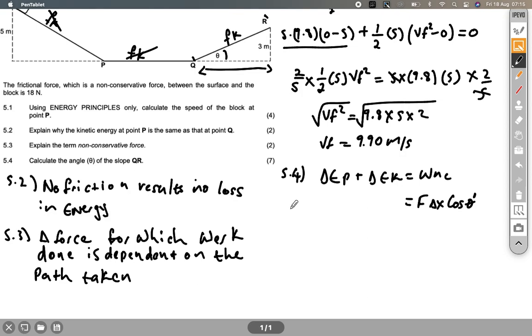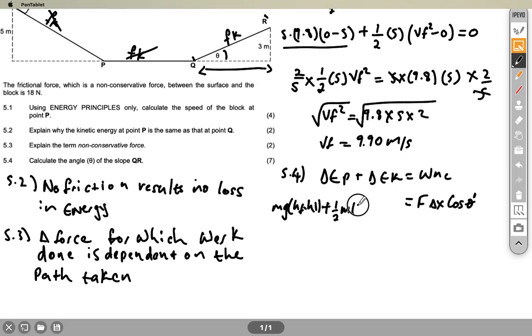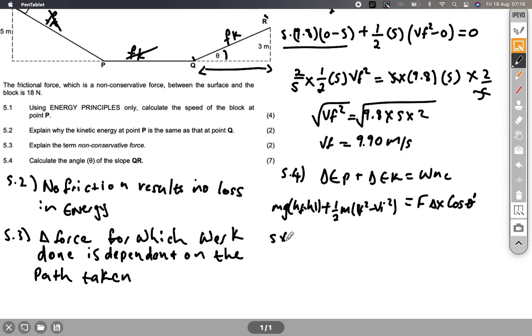Okay, and then we have our change in potential energy. So mg (h final minus h initial) plus half m (v final squared minus v initial squared). Okay, so we're going to say 5 times 9.8 times h final, which is 3, minus h initial, which is 0, plus 1 over 2 multiplied by 5.